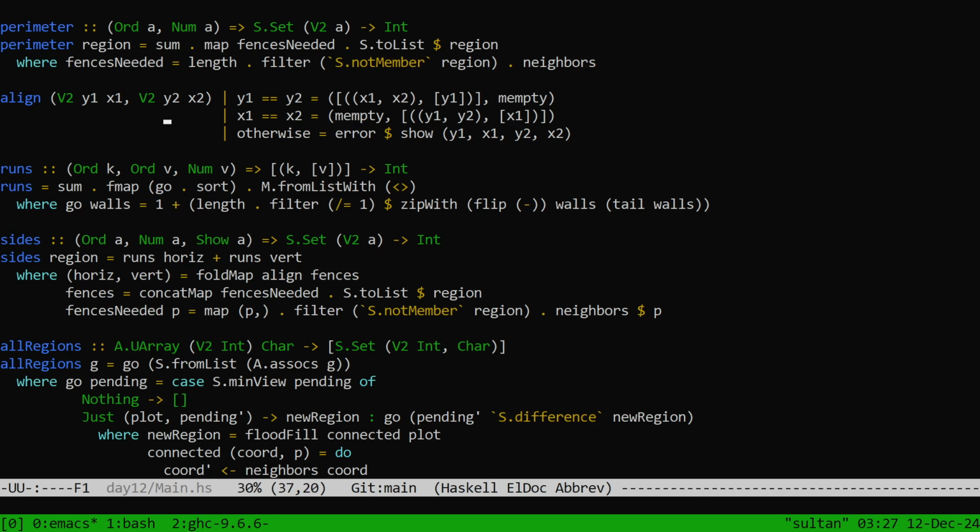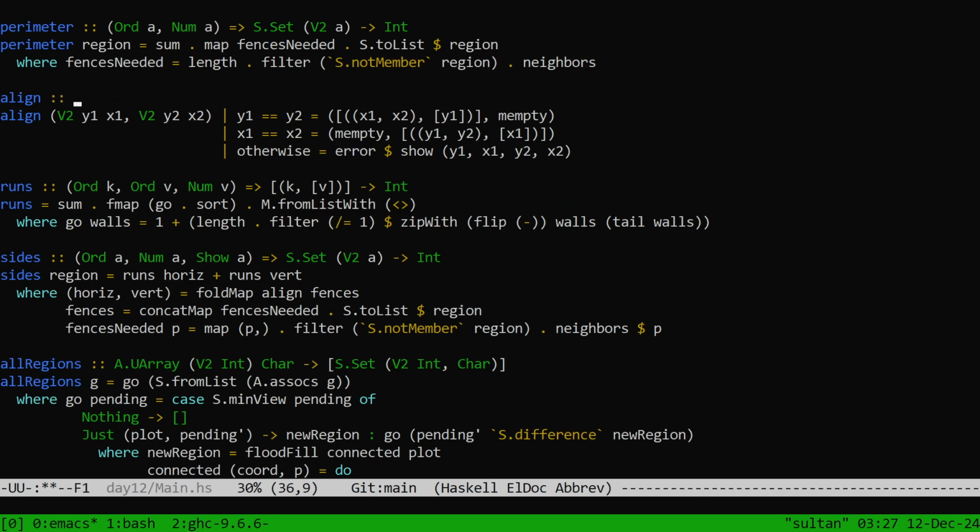Yeah, a line, I mean, I guess, sure, a line takes Eq a and Show a the way I defined it. A v2a and another v2a produces a horrible thing.